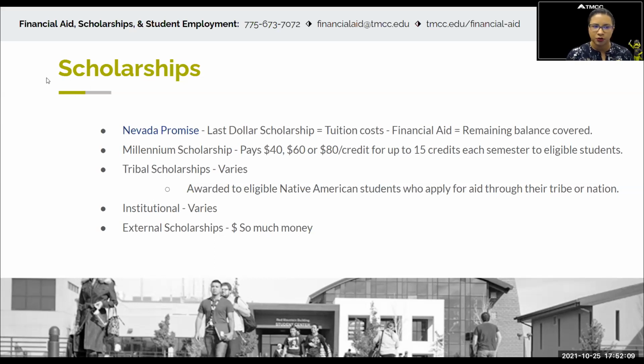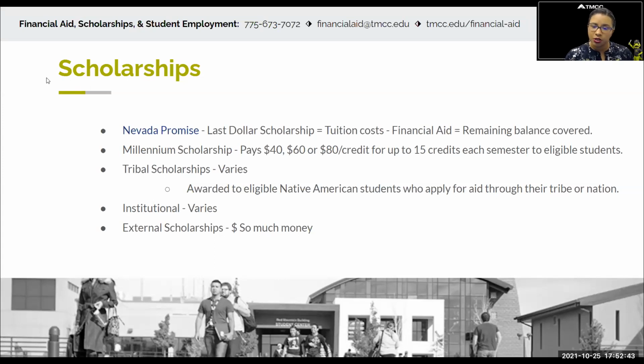So for example, if a student has the Pell Grant and they have the Federal Supplemental Opportunity Grant, those would be applied to the tuition and fees first, and any remaining cost would be paid by Nevada Promise. It doesn't include any fees that are not mandatory for all students. So if it's a special lab fee or anything like that, it is not covered.